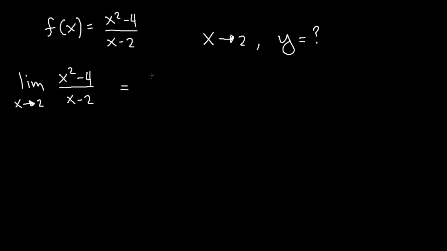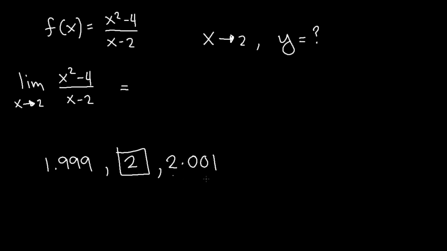So another way, if direct substitution doesn't work, is you need to consider values that are close to 2. So the values close to 2 are 1.999, which is close to 2 but not equal to 2. Then on the right side, 2.001.